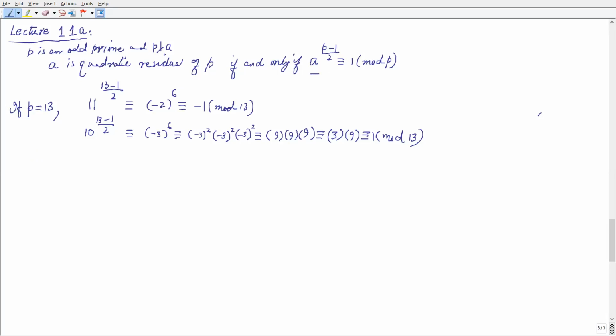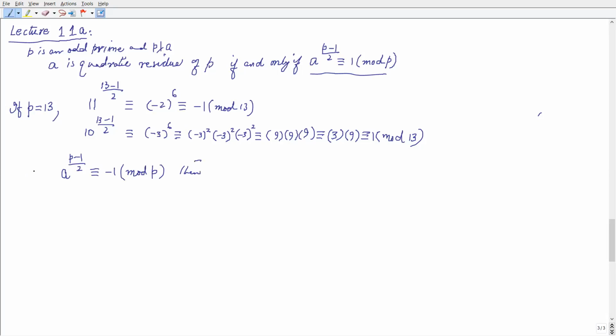So if A to the power (P minus 1) by 2 is congruent to 1 modulo P, then A is a quadratic residue. And if A to the power (P minus 1) over 2 is congruent to minus 1 modulo P, then A is a quadratic non-residue.